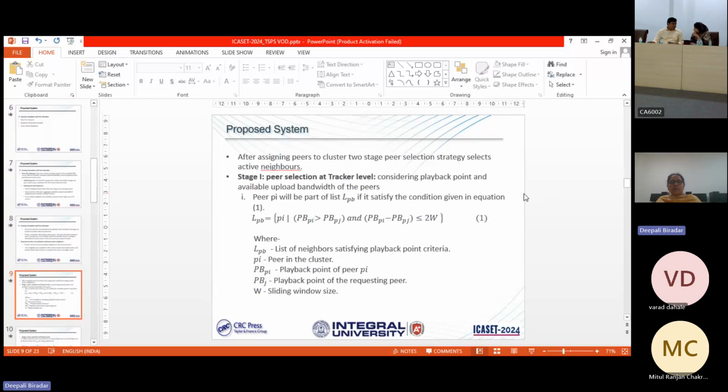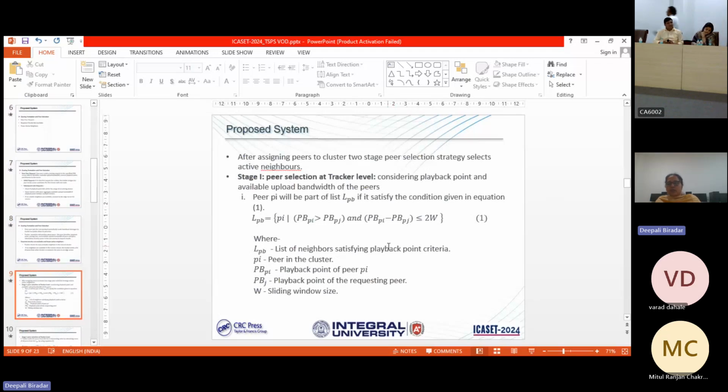At the first level, we are considering the playback point and the upload bandwidth of the peers. By using equation one, we are finding all the peers in the cluster having a playback point greater than the playback point of the requesting peer. After that, the difference should not be more than twice the window size, because if it is far, then it may happen that that particular node will exit the system.